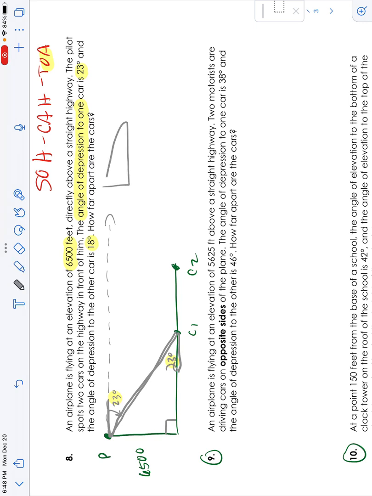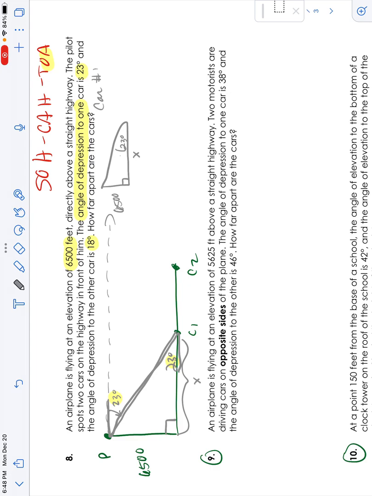And so my car number 1 is going to be 6,500 here, right angle here, 23 here, unknown distance from here to there. Okay, but we can solve that. We can figure out how far away car number 1 is by doing what we've always done.